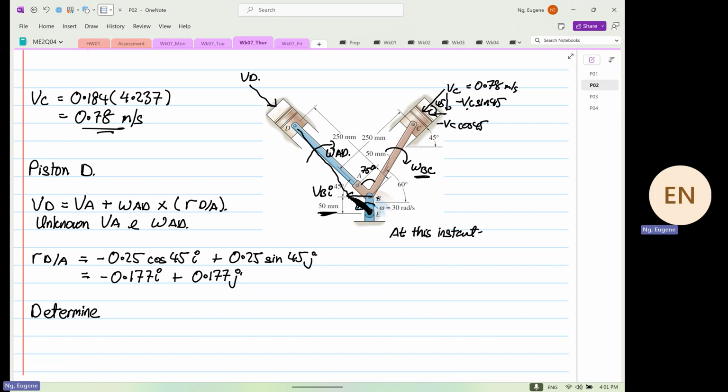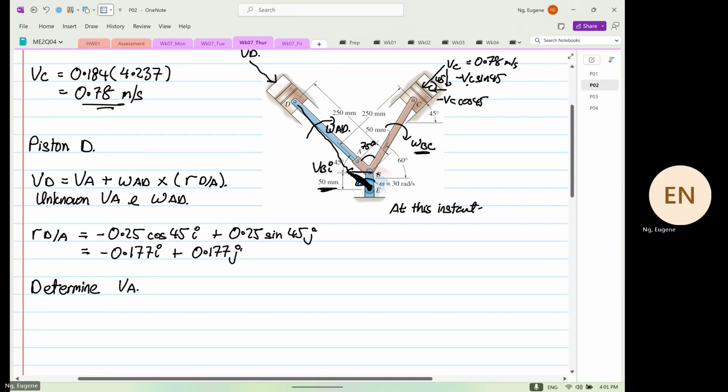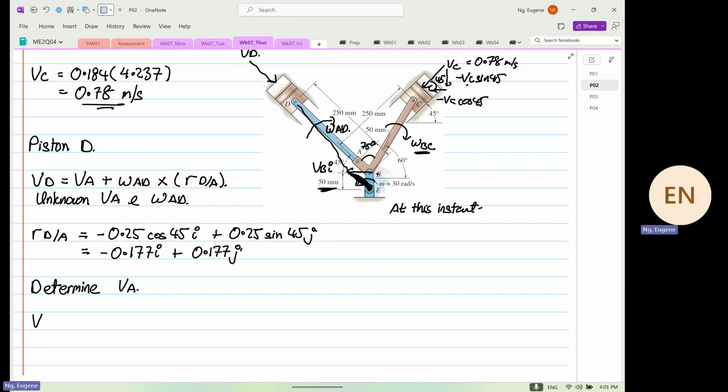So we're going to determine our VA. To determine VA, we know that VA and VB are related. Yes or no? It's a rigid body.